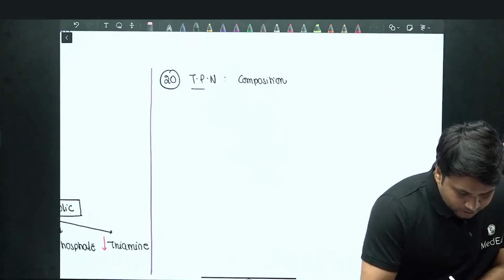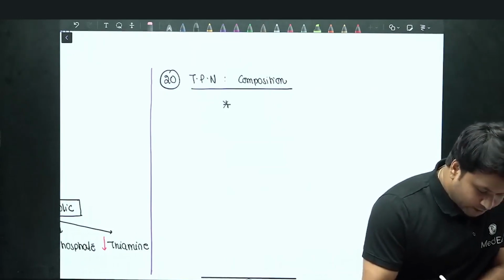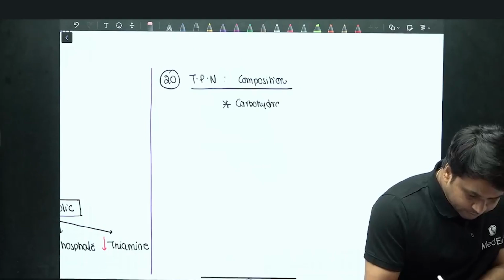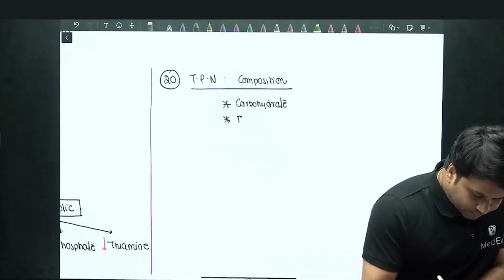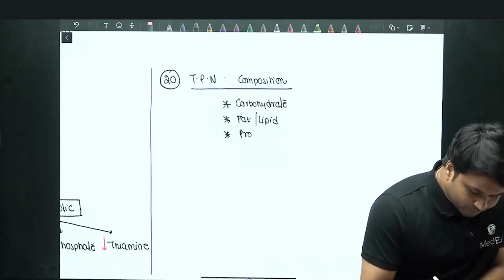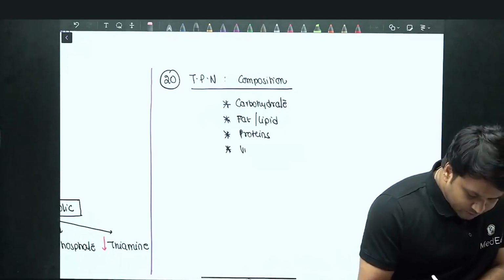Now in the composition of the TPN, the maximum is going to be your carbohydrate. Then you have fat, which is also referred to as lipid. Then you have proteins. You have vitamins.